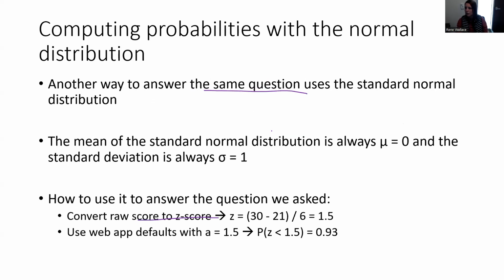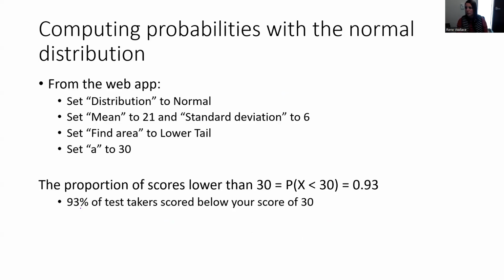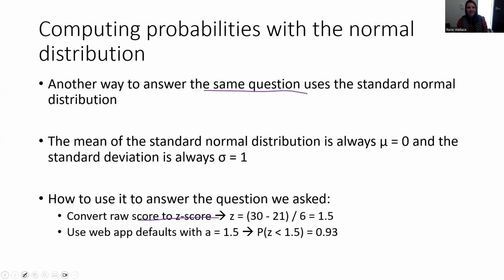And we knew that our standard deviation was 6. That's how we were able to get our raw score converted to a z-score and then use the standard unit normal table. That's it.